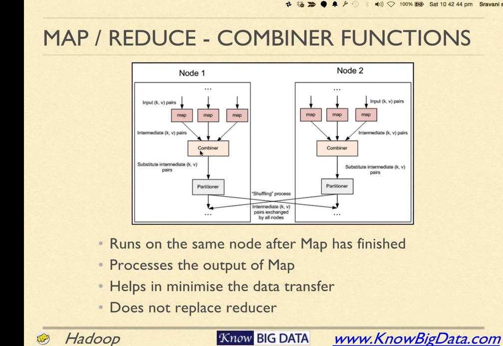And this logic is similar to the reducer logic. We write a function, and even the signature of the function is identical to the reducer logic. Also note here that the combiner gets executed before the partitioner, before the shuffling, as in carrying buckets from one node to another.